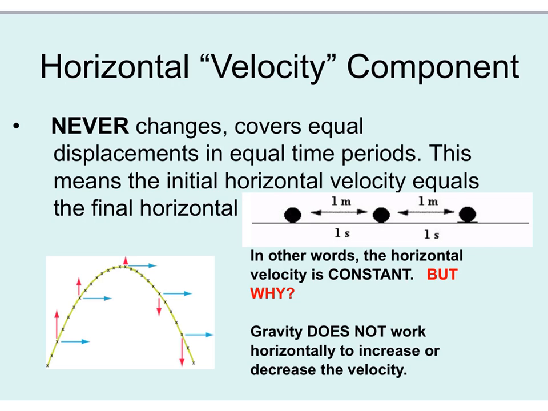When we look at projectiles, the horizontal component never changes. It covers an equal displacement in an equal time period, meaning that the initial horizontal velocity equals the final horizontal velocity. In other words, the horizontal velocity will be constant. The reason for this is because gravity does not work horizontally to increase or decrease the velocity.